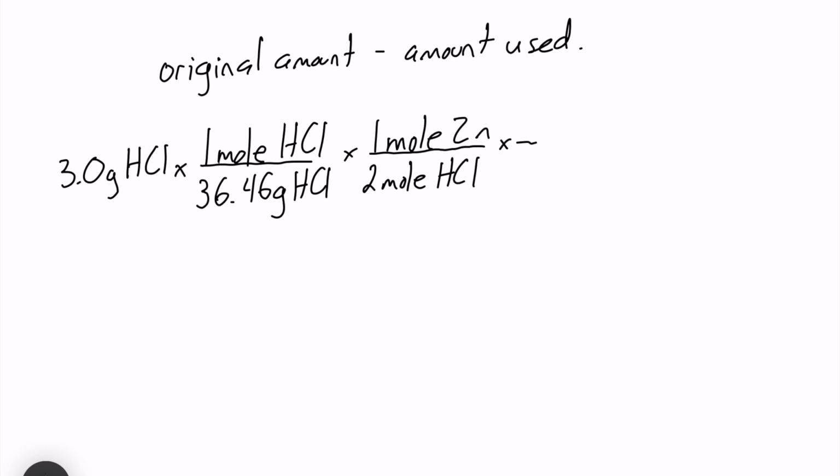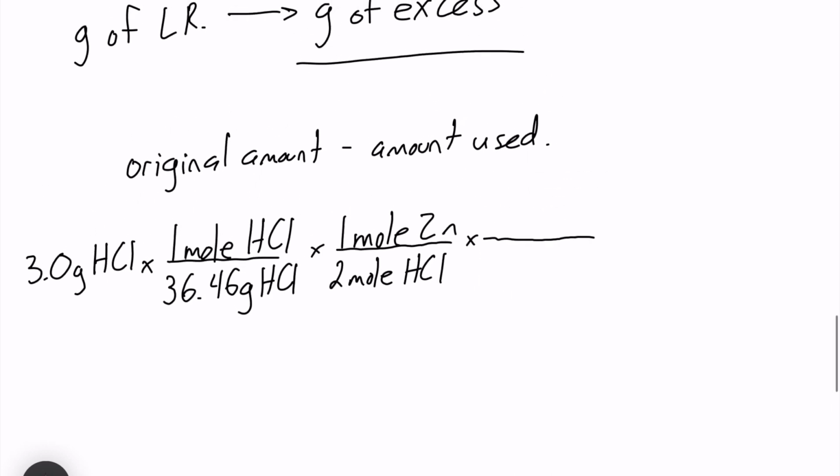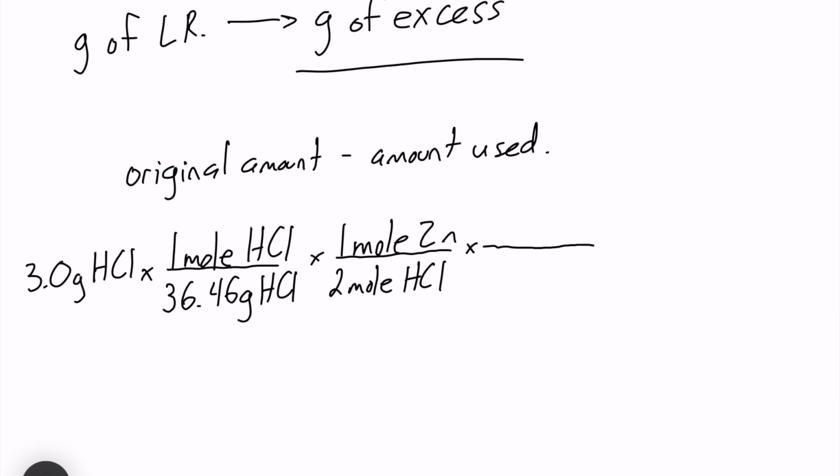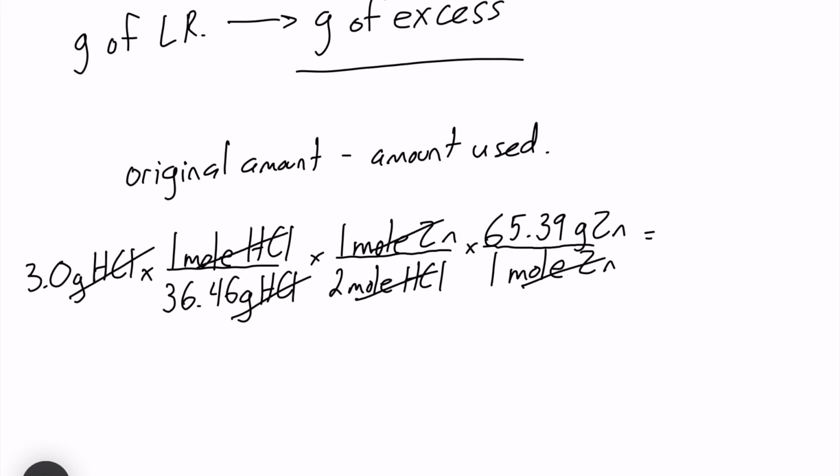And finally, we want to get to mass of zinc. So we'll just multiply this by our molar mass of zinc, which is 65.39 grams of zinc, and that's all over moles of zinc. And let's just check if our units cross off. They should. Looks good to me. We're going to be left with grams of zinc.